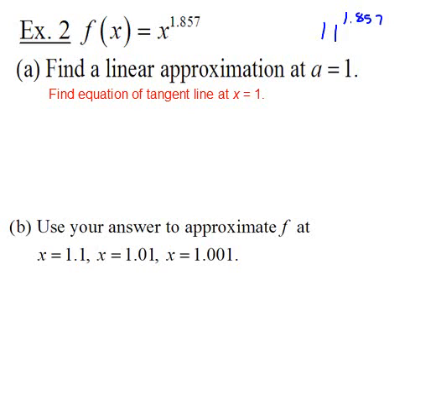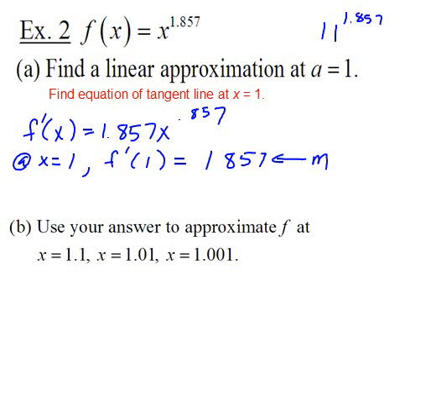In example 2, consider the function f of x equals x raised to the power 1.857. In part A, a linear approximation at a equals 1 would be the tangent line to f when x equals 1. The derivative is 1.857 times x to the 0.857. So the slope of the tangent line when x equals 1 is 1.857.